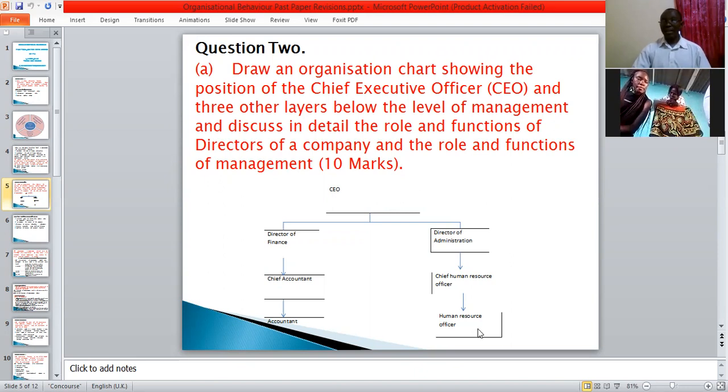The level 1 is the human resource officer who reports to the chief human resource officer. And the chief reports to the director of administration, who reports to the chief executive. So that's how the other side is moving. Is that clear? Yes. Okay.